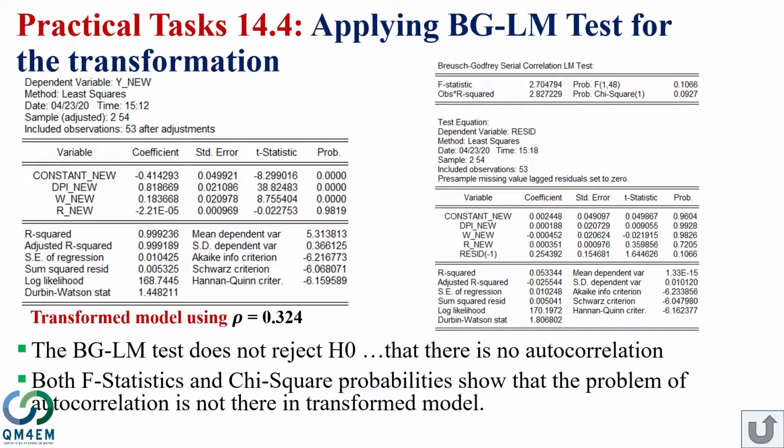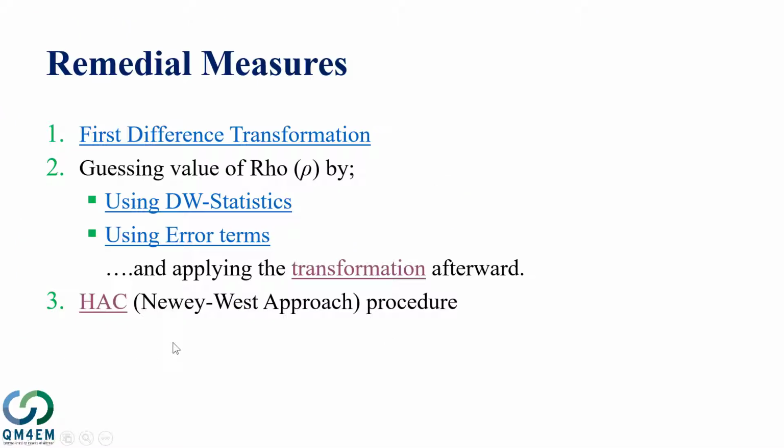So now we move to the third and final remedial measure for autocorrelation, that's HAC, or the Newey-West procedure, through which we can solve the problem of autocorrelation.